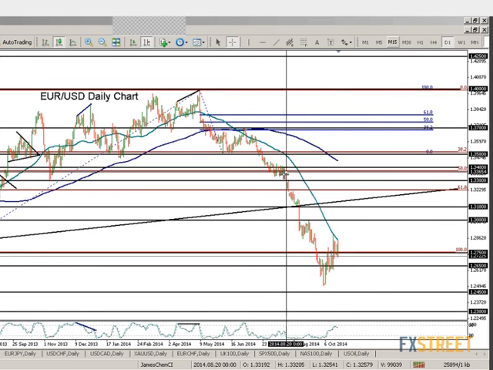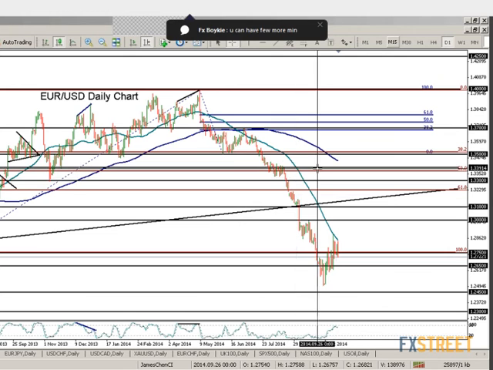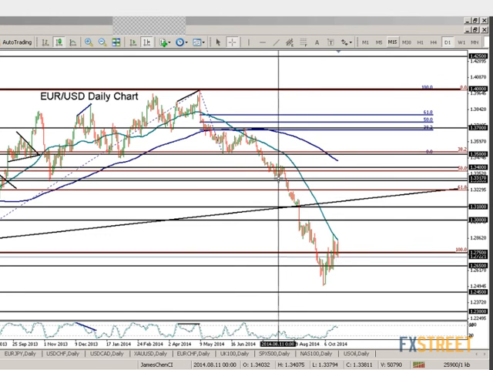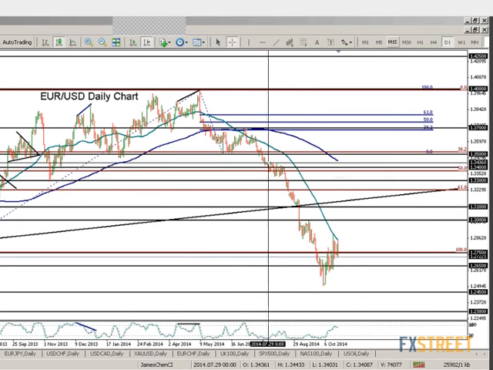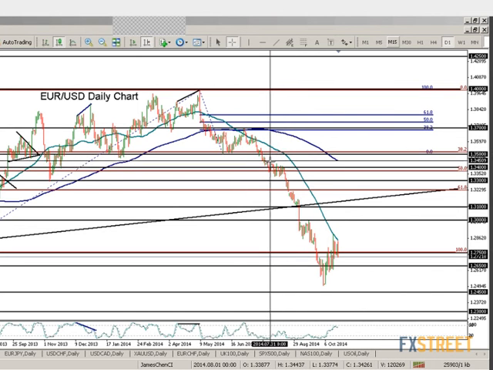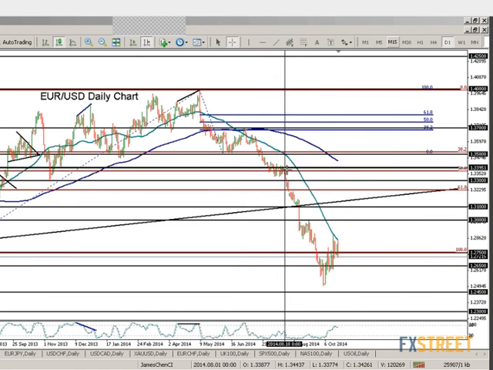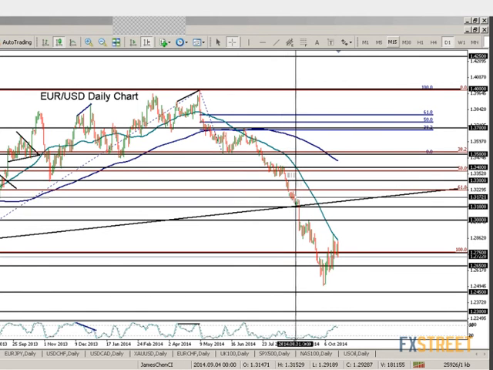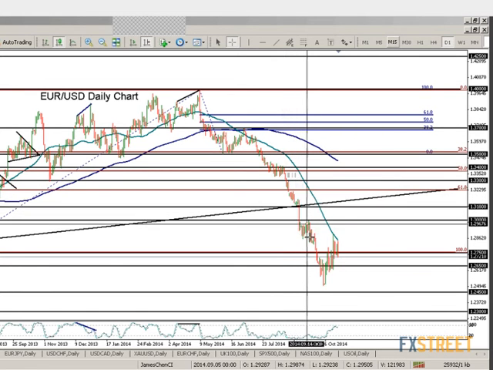From there, we got lots of flag-like or pennant-like patterns here. As we can see here, this is sort of a pennant pattern. On a shorter time frame chart, it's even clearer, and you could get in earlier and have a lot of these different patterns. So as we move forward, lots of little rests and then breakdowns.